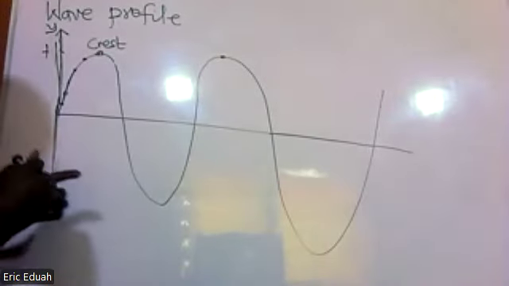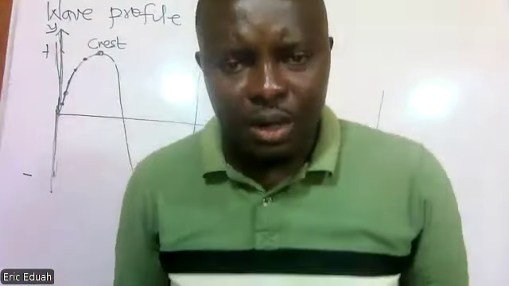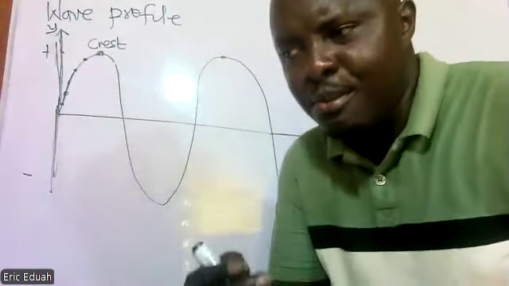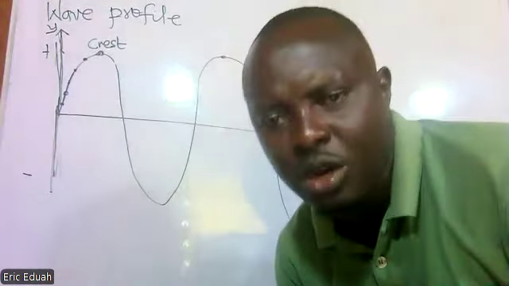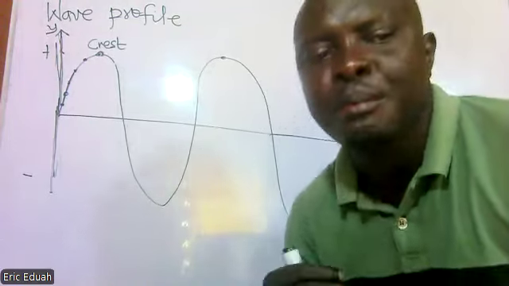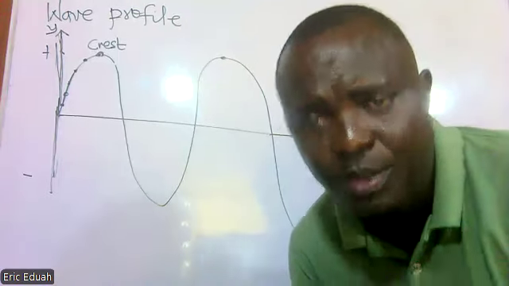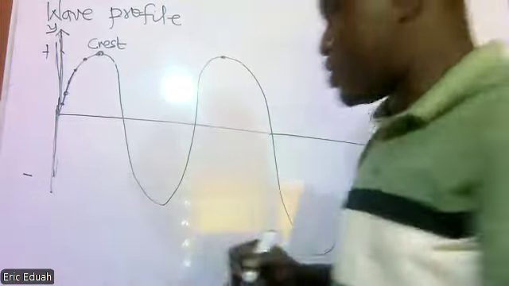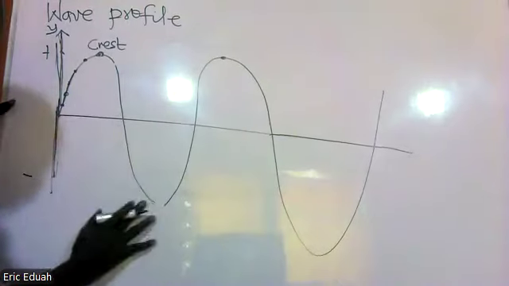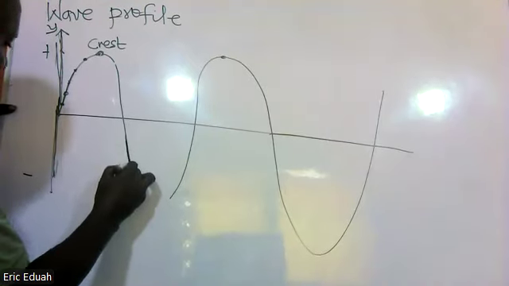Then we have, say I am a particle vibrating. I'm going up and down. When I move down, my maximum downward vibration also has a name. My maximum upward vibration is called a crest. The up one seems to be shorter.